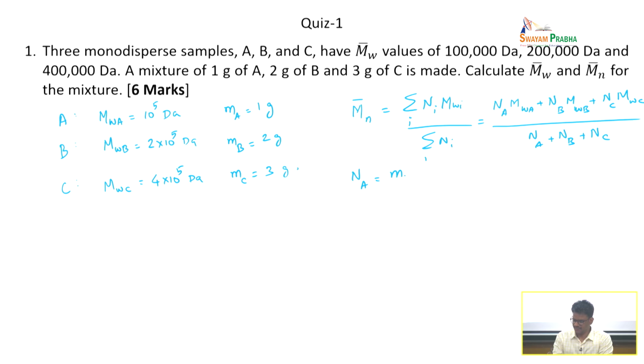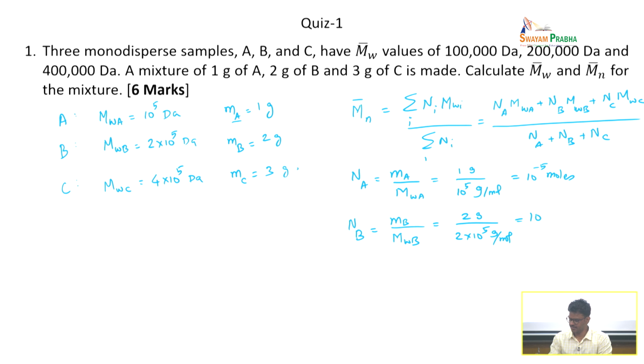So we calculate Na by mass of A divided by molecular weight of A. So mass of A is 1 gram, and the molecular weight of species A is 10^5 Daltons. Daltons is nothing but gram per mole. So basically you will get 10^-5 moles. This is Na. Nb would be mass of B divided by molecular weight of species B. So this is 2 grams over 2 × 10^5 gram per mole.